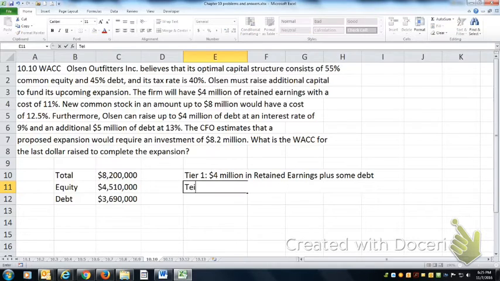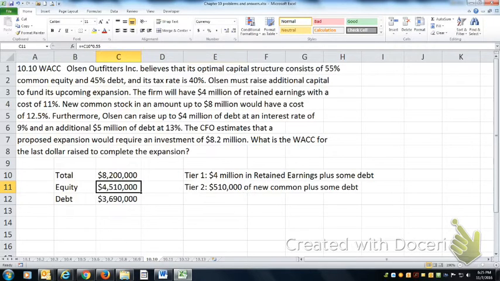And then Tier 2 will be the $510,000 of new common plus some debt.